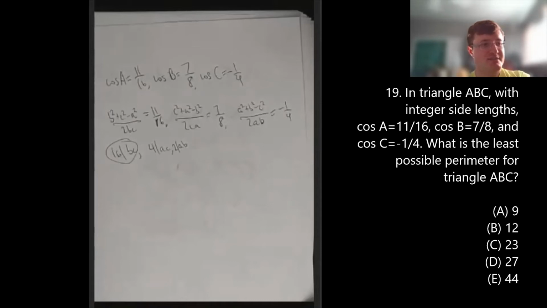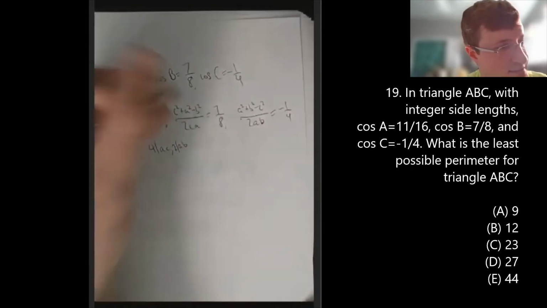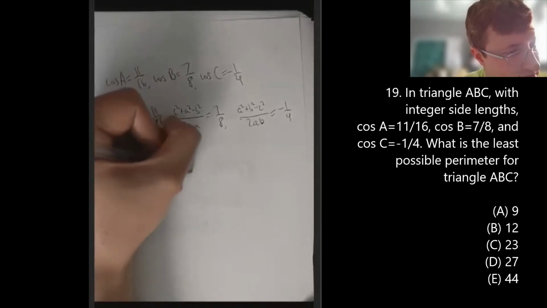So I'm going to have quite a few multiples of 4, or multiples of quite a few factors of 4, I should say. And a squared plus b squared minus c squared is negative. So this is going to be obtuse.